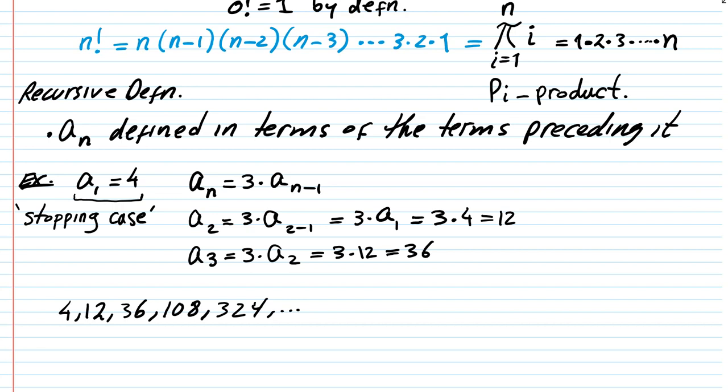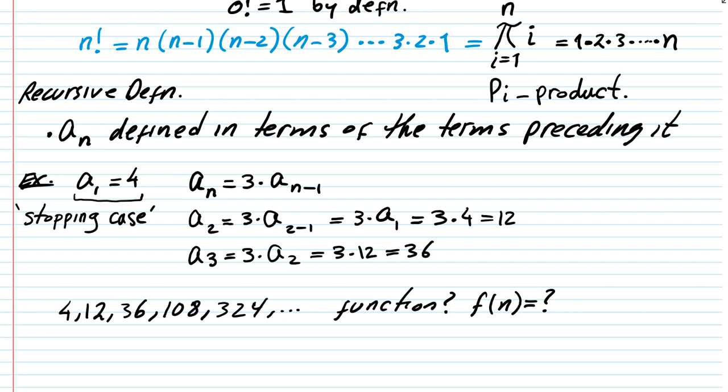Now, although I have the sequence of elements here, these are the outputs. But the question might be, what is the function that's capable of generating this? In other words, what is f of n? So that's our goal. We're trying to find the function.